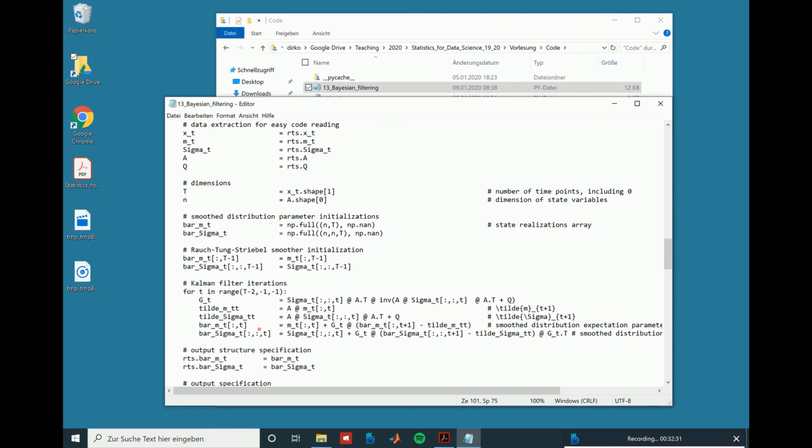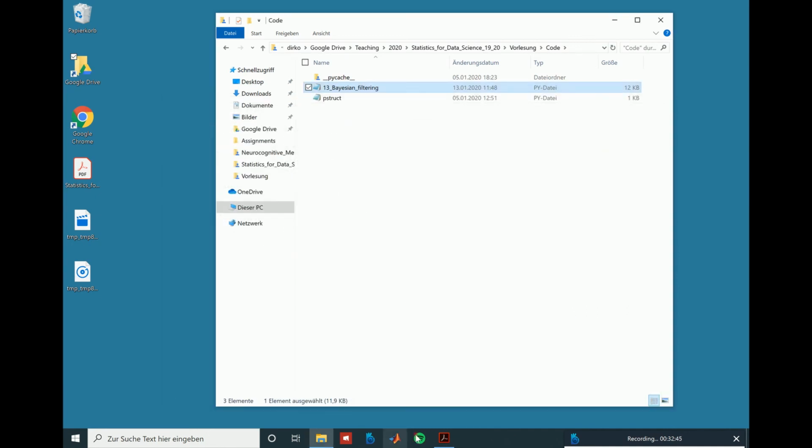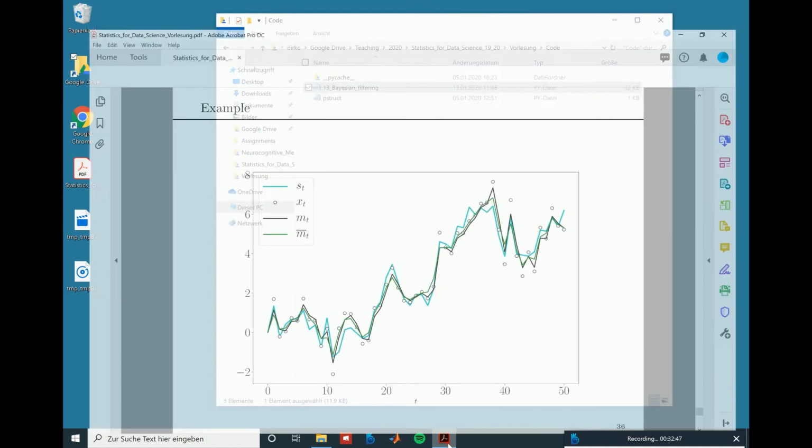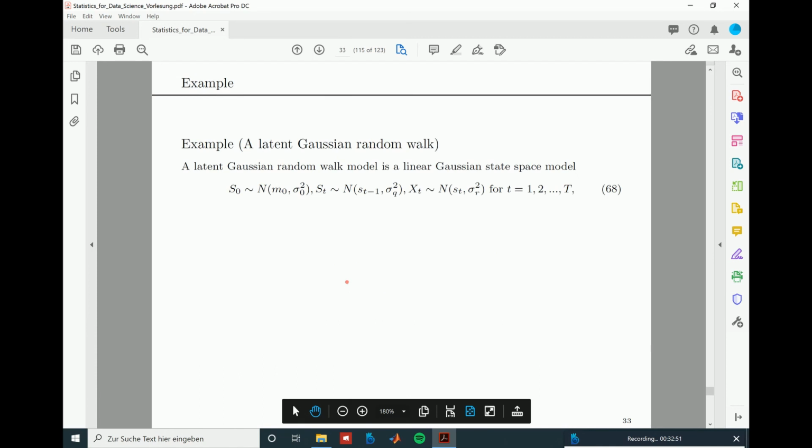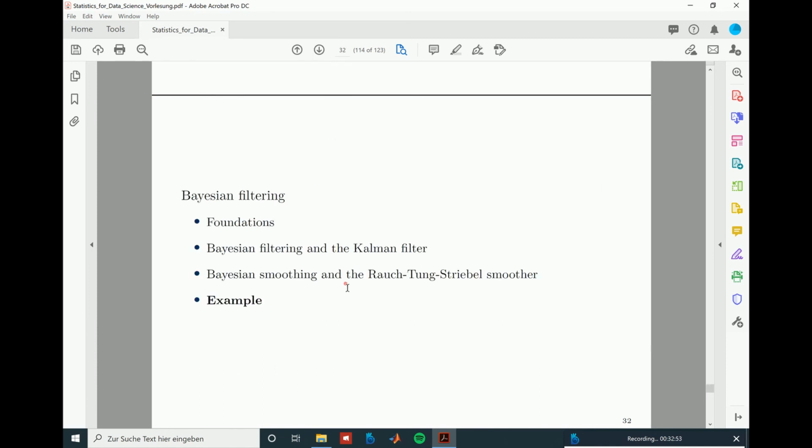Oops, that's of course a typo. That's the RTS smoother iterations. Good. So that's then Bayesian smoothing. If you are somewhat clear about Bayesian filtering, Bayesian smoothing is not the biggest step, I would say.